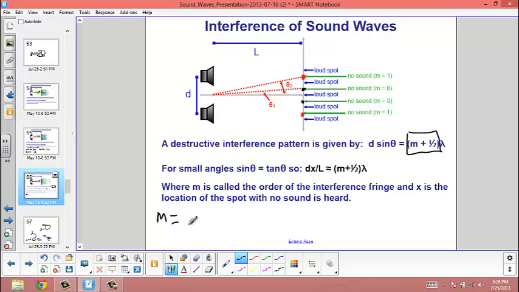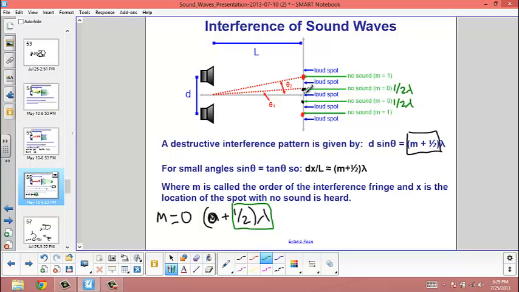So where m equals 0, and if we apply m plus 1/2 times lambda, we'll put a 0 in where m was, and 0 plus 1/2 is, interestingly, 1/2 of a wavelength. So at that location, we're off by 1/2 of a wavelength. And down here, we're also off by 1/2 of a wavelength.